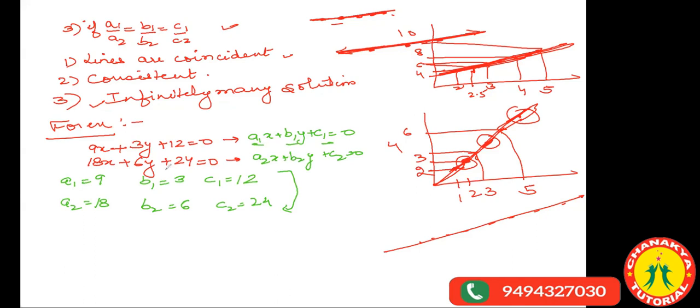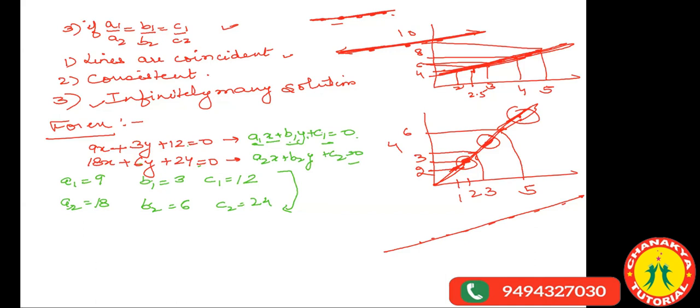By comparing both the equations with the standard equation A1x plus B1y plus C1 is equal to 0 and A2x plus B2y plus C2 is equal to 0. Clear? After comparing, the coefficient of x is represented by A1 and A2 in both equations, the coefficient of y by B1 and B2, and C1 and C2 are the constant terms 12 and 24.